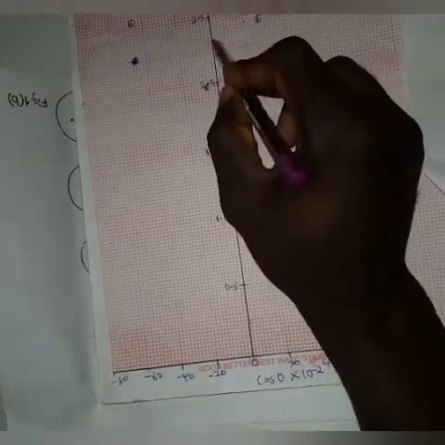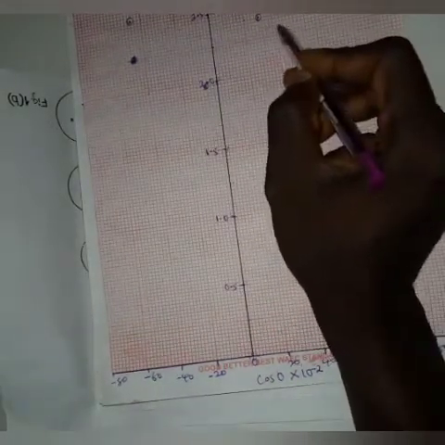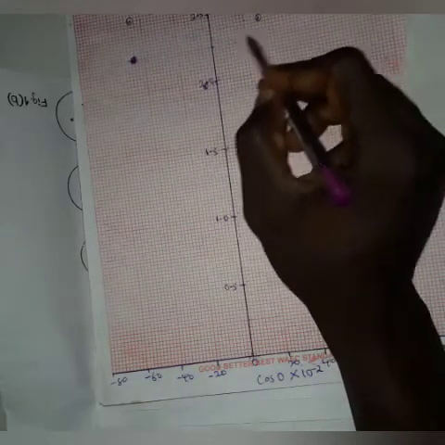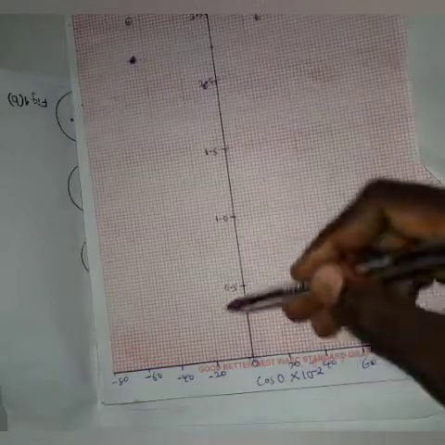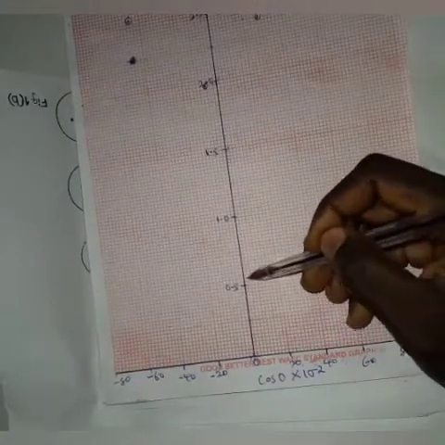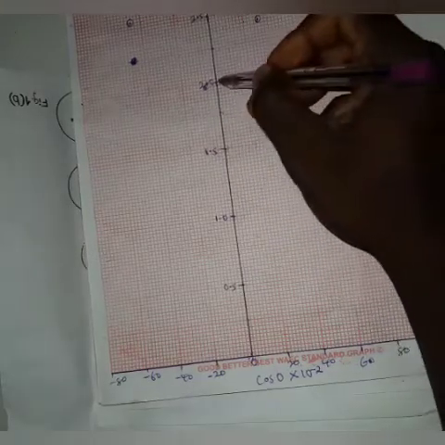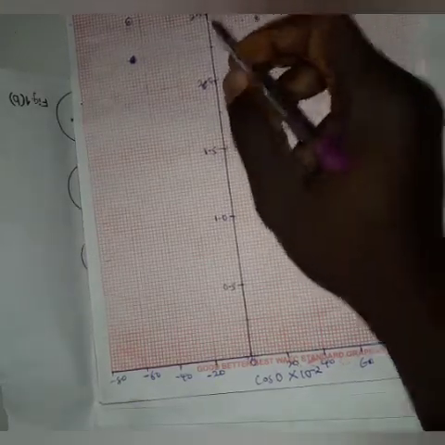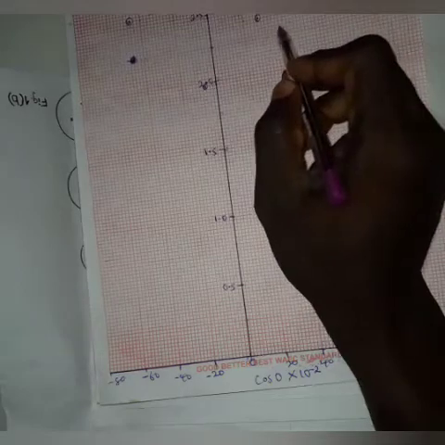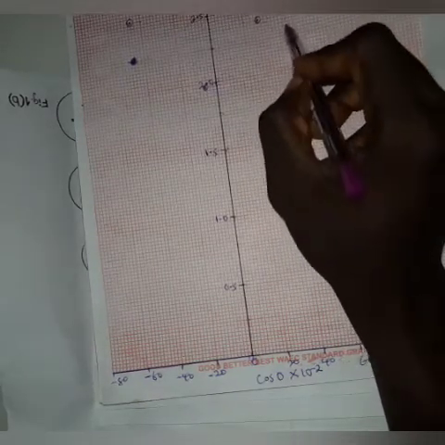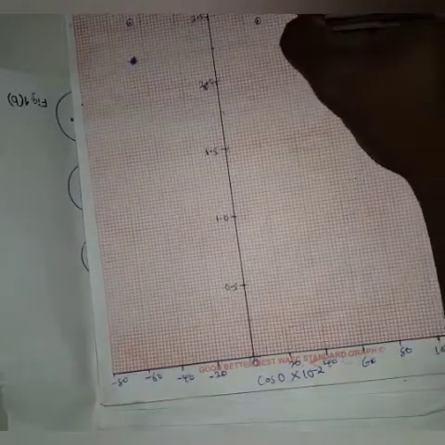And we are going for the 44 places. Sorry, let me go through this again. 93. 10, 20, 30, 40, 50, 60, 70, 80, 90, 91, 92, 93. So we are going this way. This is 20, 40, 42, and 44 here. So I'll put a dot here.